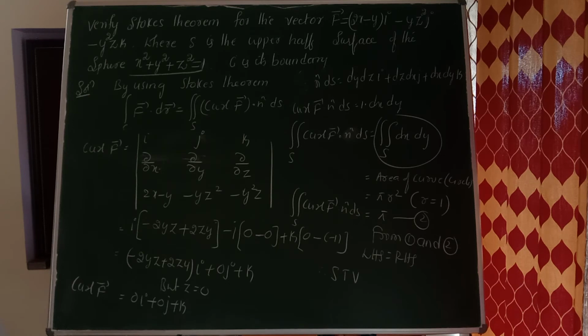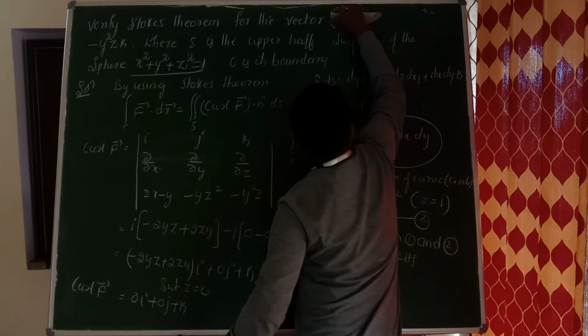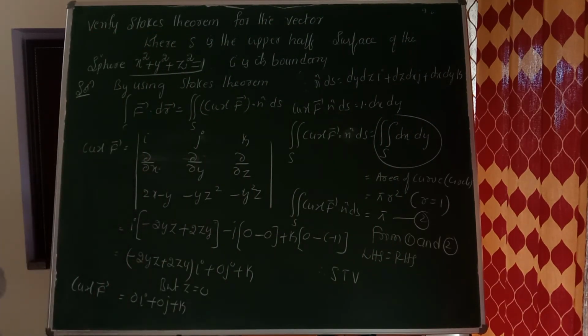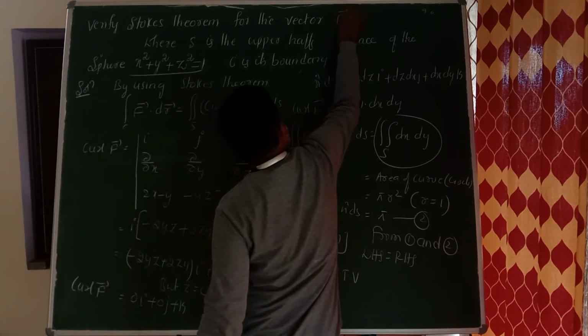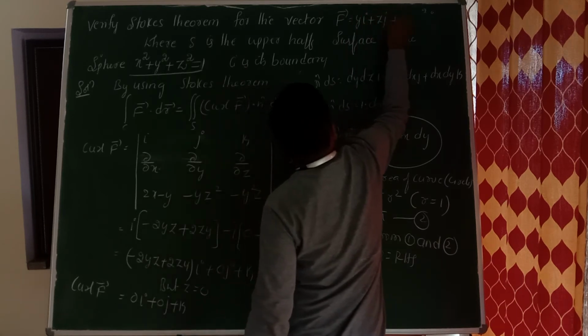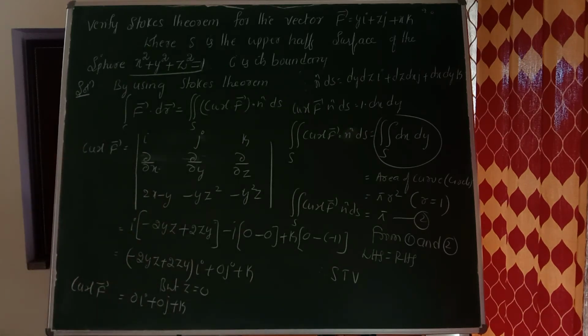What is that, sir? Verify Stokes theorem for the vector. The question is, F is equal to, have a look on that, yi plus zj plus xk, upper half of the sphere and C is its boundary.